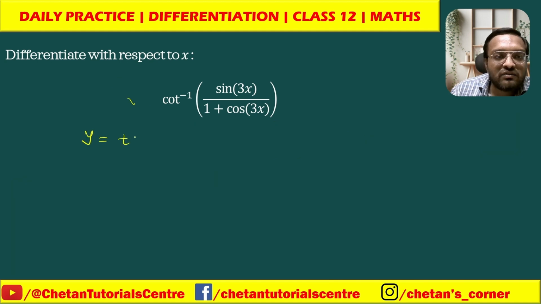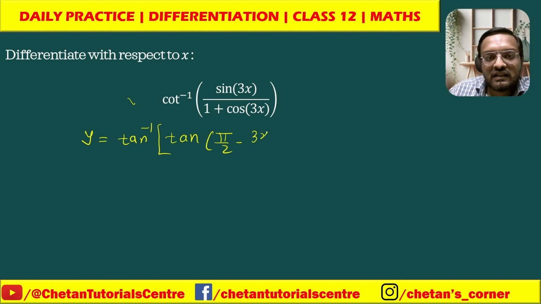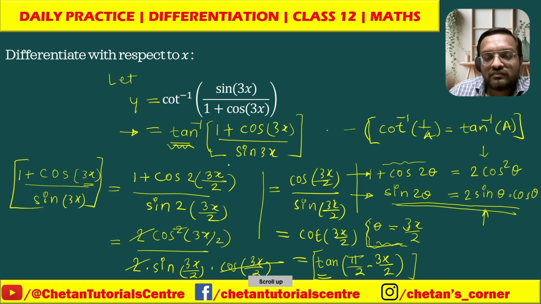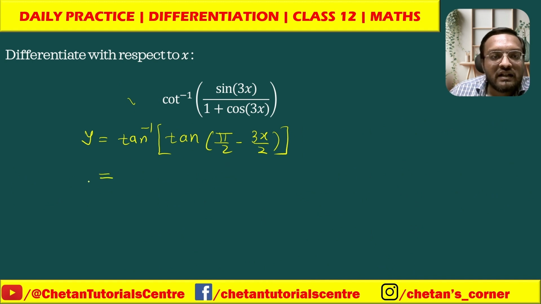So y is equal to tan inverse of tan of pi by 2 minus 3x upon 2. Now here you can see that this tan inverse and tan will get cancelled. Then I will be left with y is equal to pi by 2 minus 3 upon 2 x.